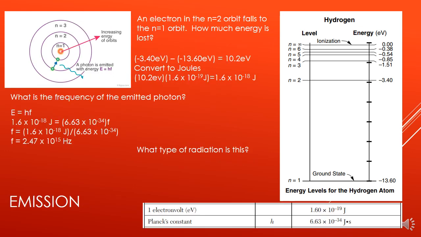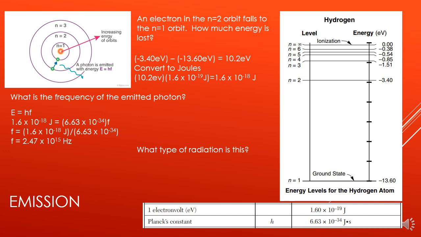So here's the first example. I have the same picture to the left, and again, the hydrogen chart from the reference table. An electron in the N2 orbit falls to the N1 orbit. How much energy is lost? So on the left, we see the green electron is falling from N2 to N1 and giving off a photon.